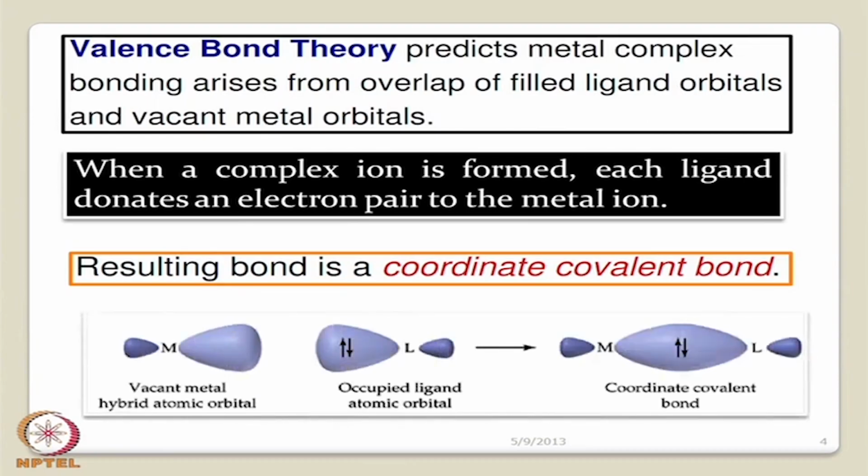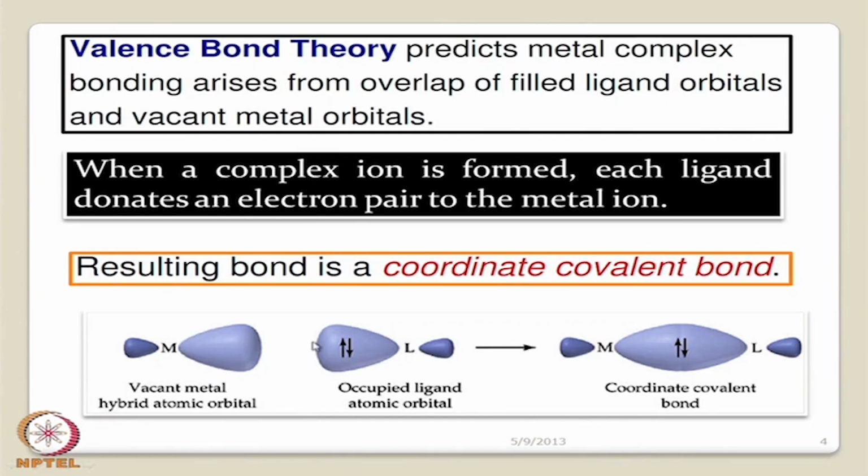So if we have this vacant metal hybrid atomic orbital on M, it can be one of the hybridized orbitals, say sp3, sp2 or d2sp3 type. This is the shape of one of the vacant orbitals which is utilized for making the overlap with the ligand orbital.